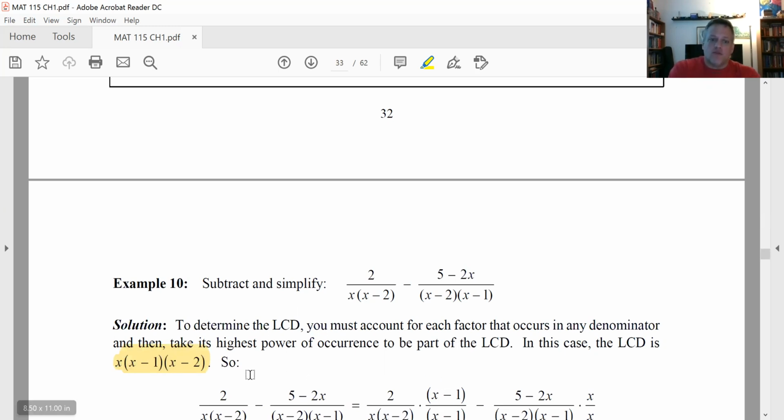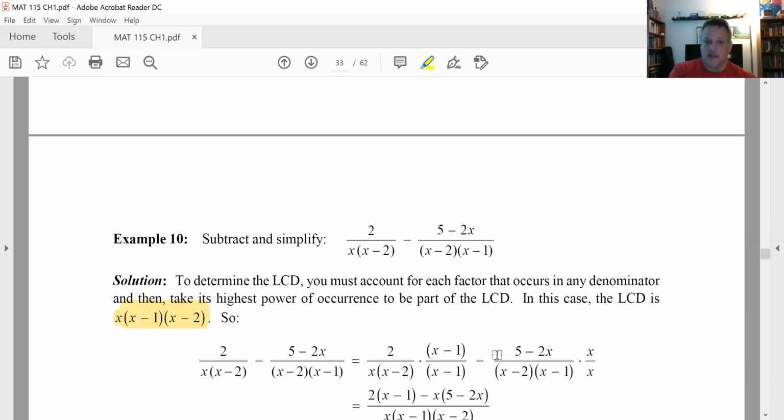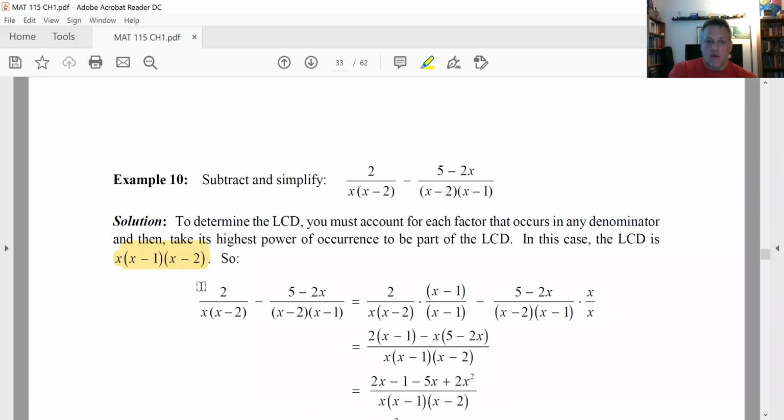Now, I want to rewrite each of these rational expressions as an equivalent one with the denominator equaling this LCD. I want to multiply the top and bottom of this fraction by what's not already in the LCD. If you compare its denominator to the LCD, note that x minus 1 is not already there.